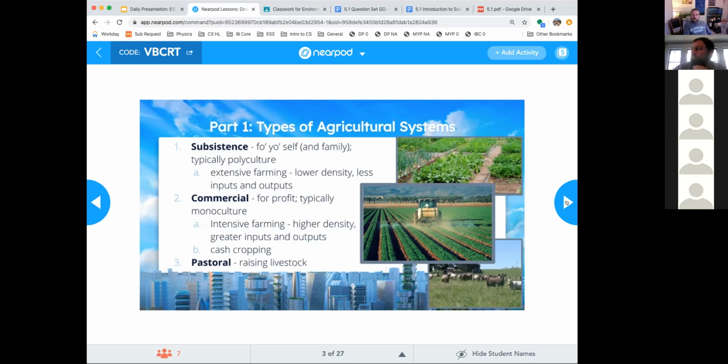Now, what does it mean to do subsistence farming? Yep, that's only for yourself. Typically, we see subsistence farming happening in LEDCs.